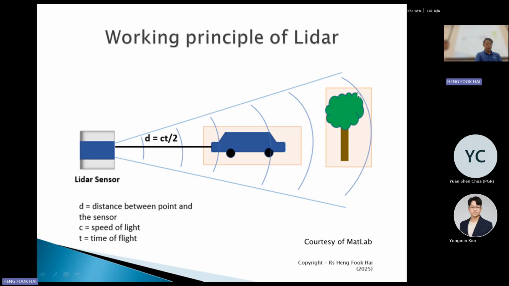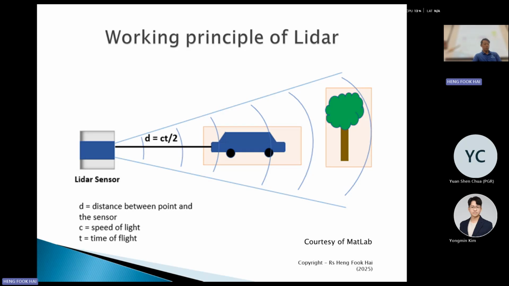The simple diagram shows how a LiDAR sensor works: transmitting the LiDAR signal, which reflects onto the object and comes back, and it keeps collecting back into the sensor, which then calculates the distance.